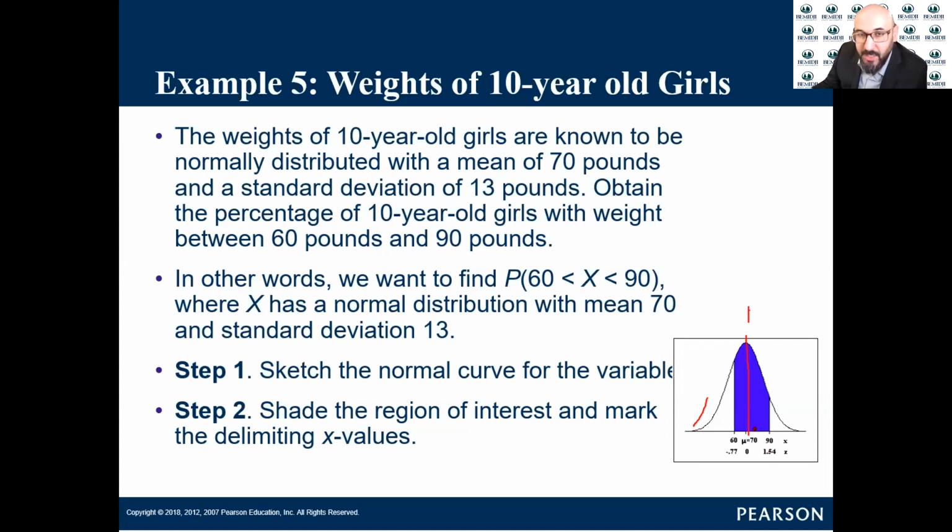Now we can create 1 standard deviation, 2 standard deviations, 3 standard deviations. One standard deviation away from the mean would be 83. For 2 standard deviations, you add 83 plus 13, that would be 96.